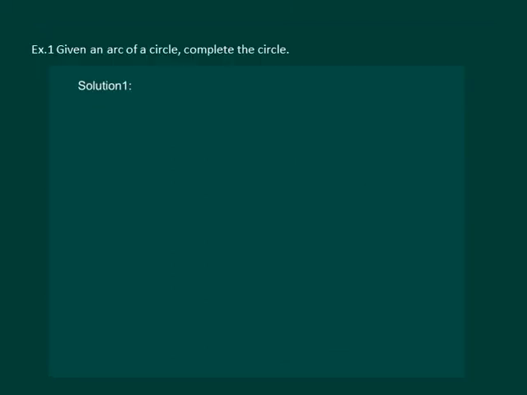Let us read the question. Given an arc of a circle, complete the circle. We start by assuming let PQ be an arc given to us. We have to complete the circle, which means that we have to find its center and radius.